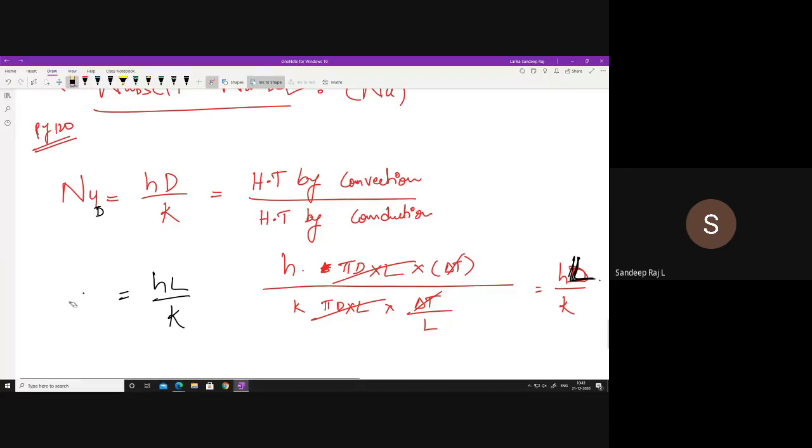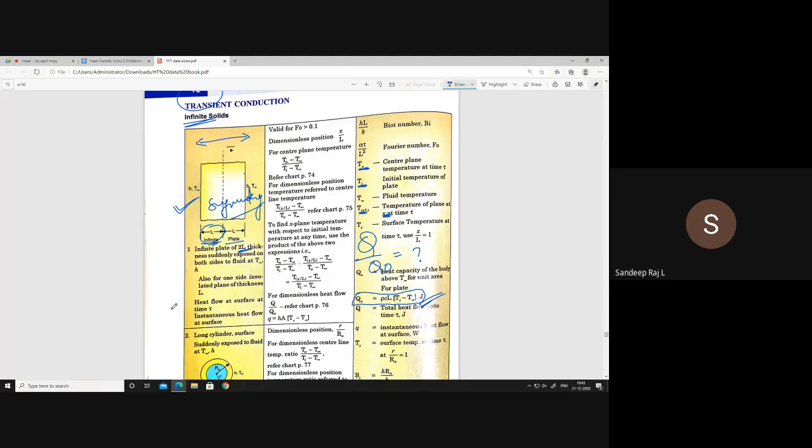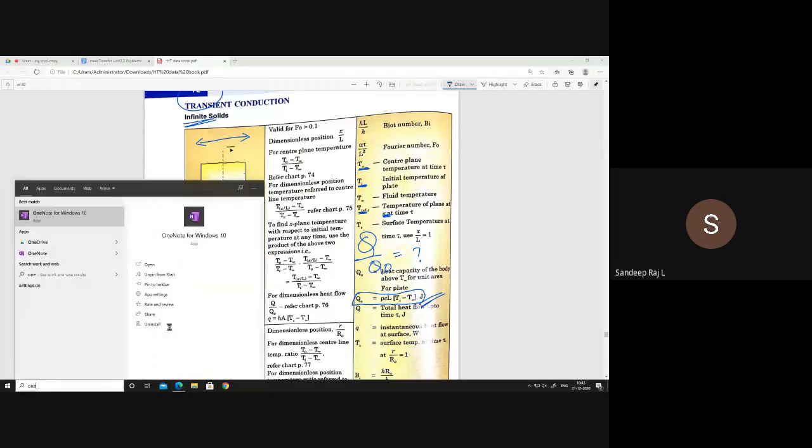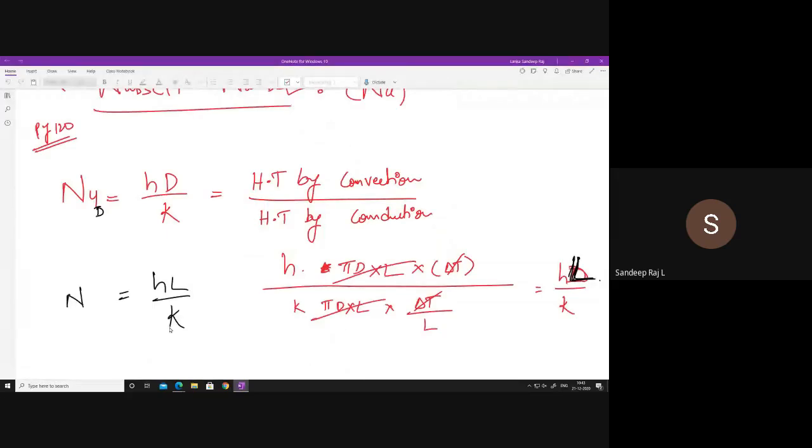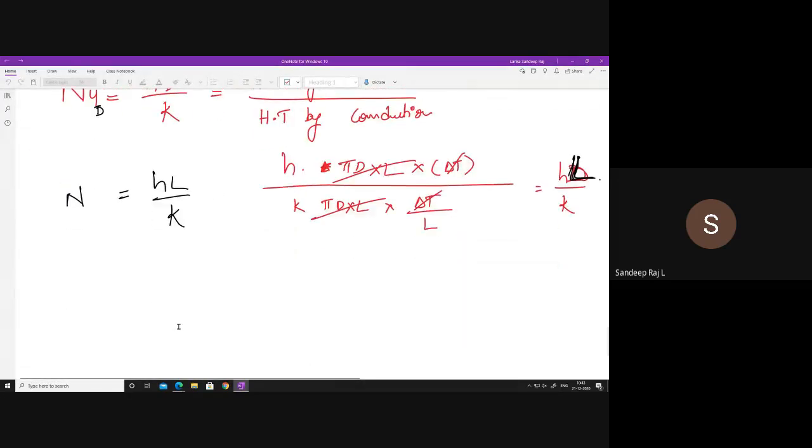If it is given as Nu subscript L, you have to use hL by k. That's the point there. So that's what Nusselt number is.